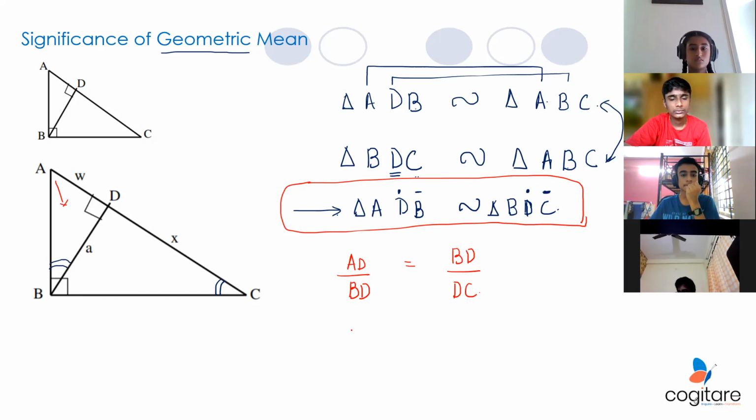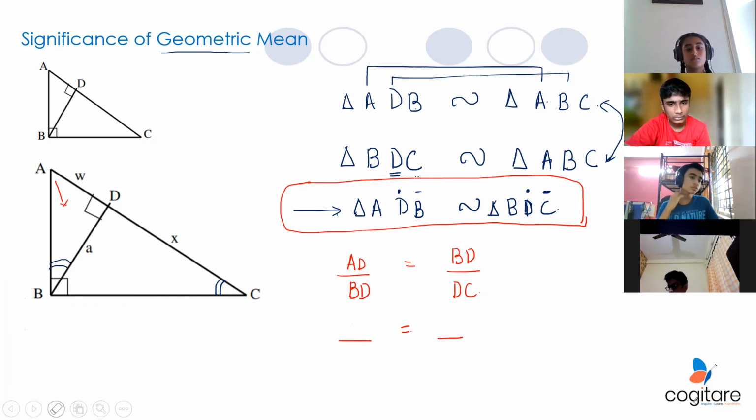I'll just write AD as A, small a, BD as W, BD as A, DC as X. Huh? I made a mistake. Hold on. I wrote it wrong. What should I write?